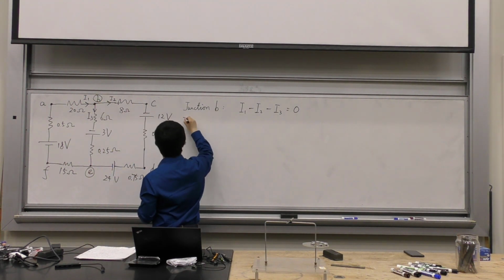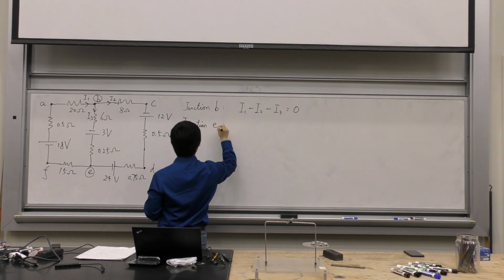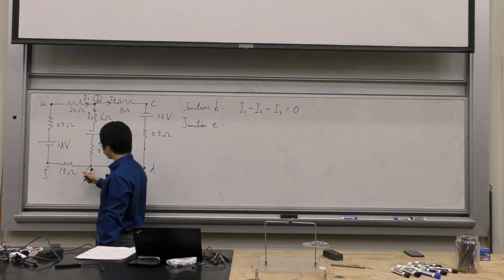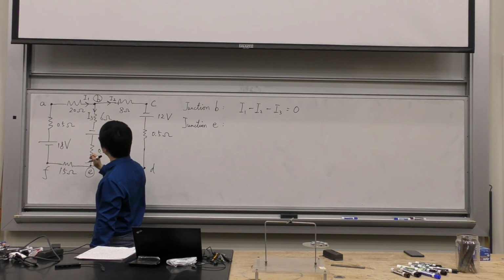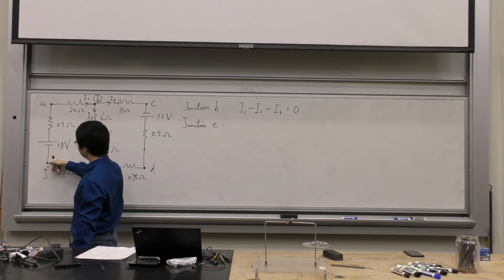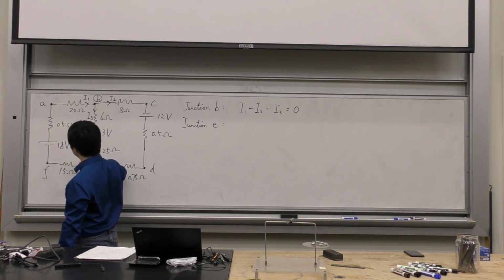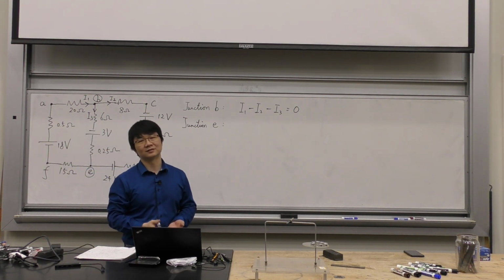But at least I can write another junction equation for junction E. You may think there are 3 different currents here, but these 3 currents are the same currents we just listed, because this is one path, this is one path, this is one path. We draw a right angle here, we turn around here, but that's because we want to make this diagram look nice.